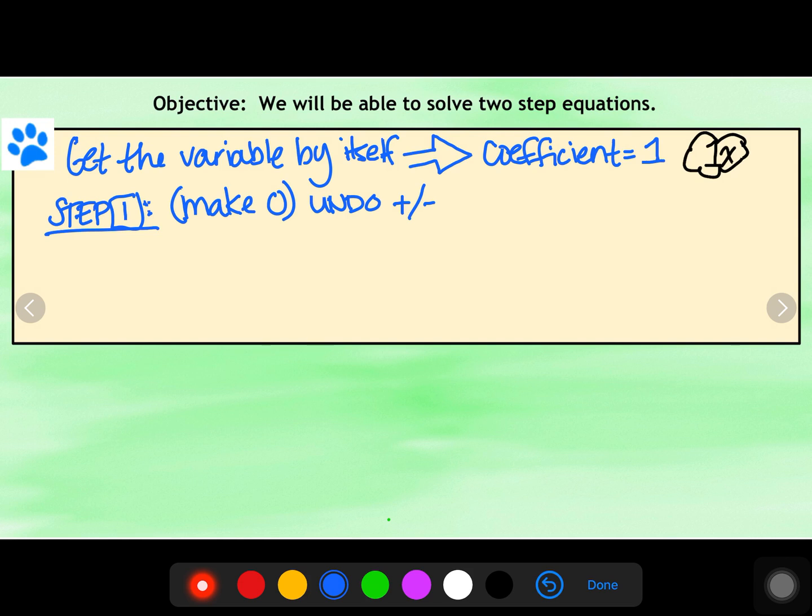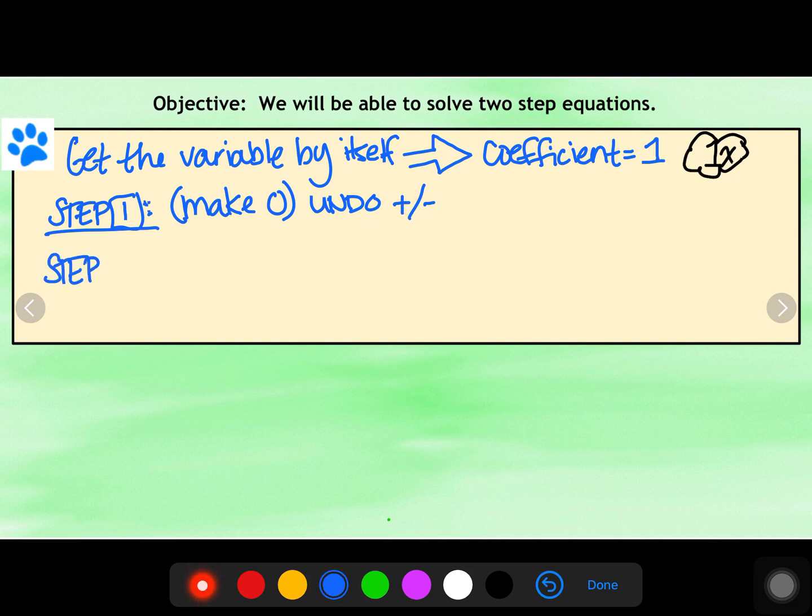We want to do that first. So solving an equation is like going backwards to figure out the answer. What is it that's missing so that the left side is the same as the right side of the equal sign? If we're going to work backwards, then we're going to do the order of operations backwards. So we want to undo pluses and minuses, or adding and subtracting, first.